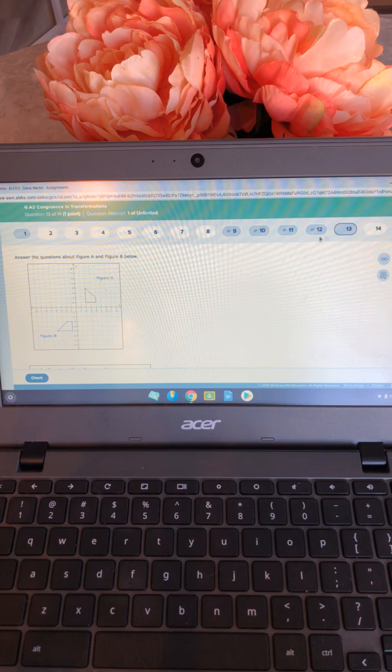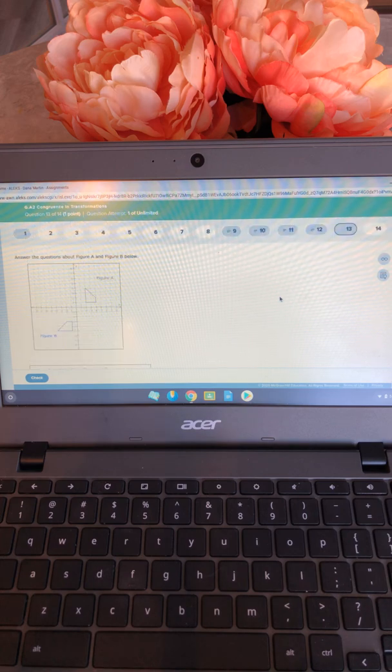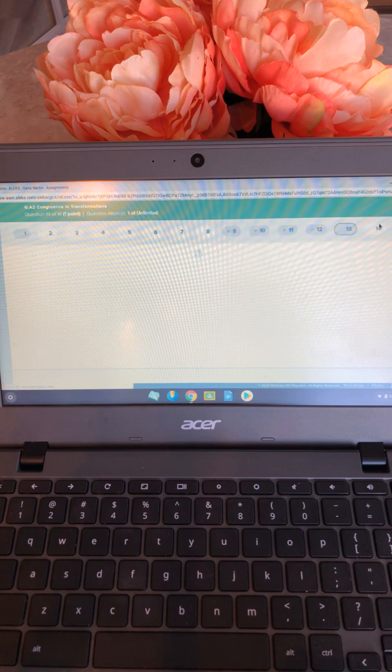Okay, one more, and then we're done with this lesson. And a lot of teaching happened in this lesson, by the way. Okay, because now we're really picking up shapes and we're translating and reflecting them. And am I on 14? That doesn't look, no, I'm not on 14. Rotating.